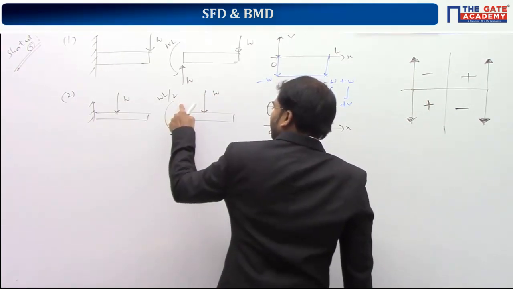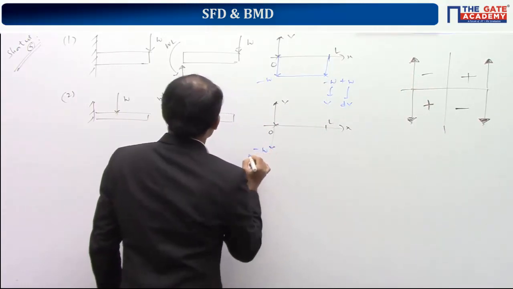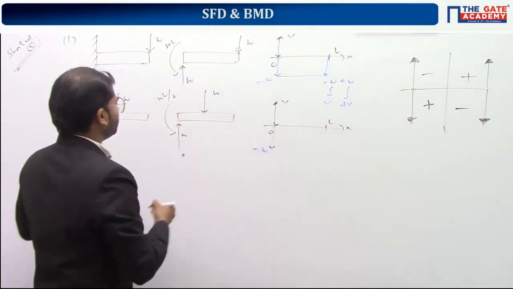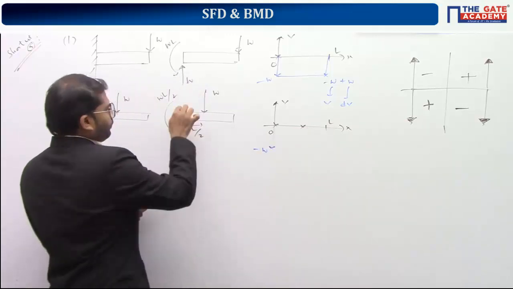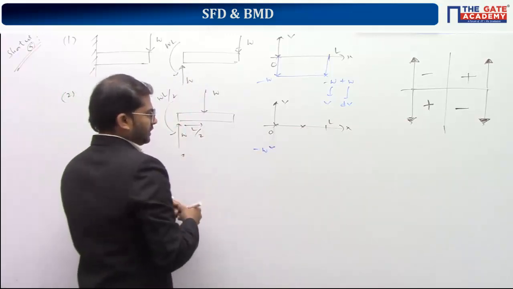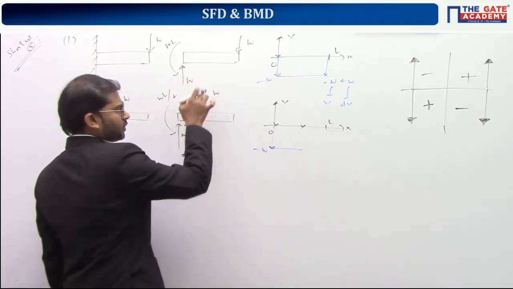Upside load is acting, W upside, negative. So this is acting at L by 2. So till L by 2, there is no point load. So there will be no change like this. All of a sudden at L by 2, there is downward force.